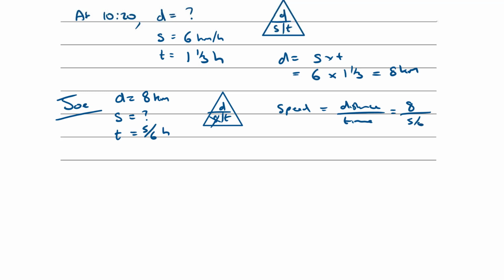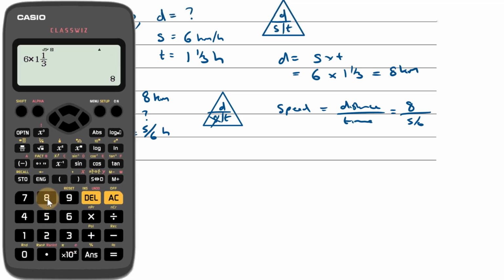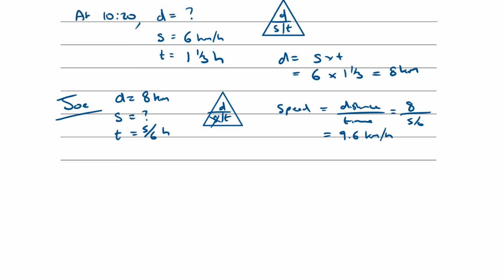So 8 divided by 5/6 comes out to be 9.6. So he's running at 9.6 kilometers per hour.